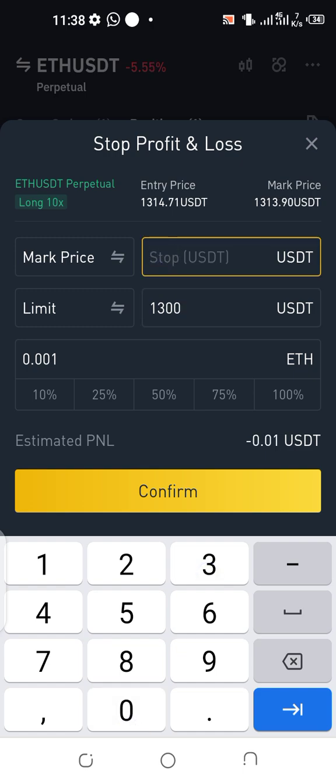Then I place the price at which the order will be triggered above that level, either using last price or mark price. Most times we use last price, and so let's say I place the trigger price at 1,305, such that if it falls to 1,305, an order will be placed to sell it at 1,300 if it still falls to 1,300.